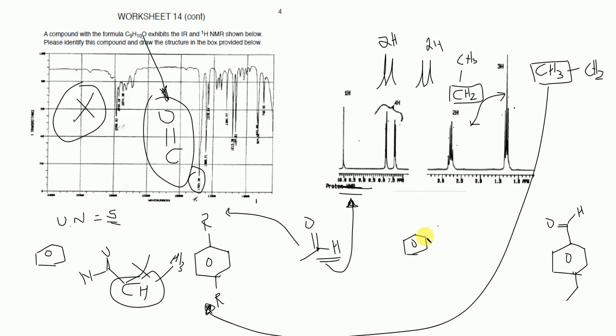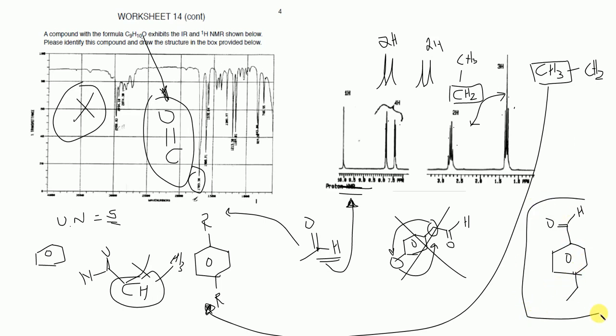So let's say I have this, and then just a lone CH3 on this side. This is wrong because we said that the CH2 and the CH3 are splitting each other. They have to be next to each other. They're not next to each other in this one, so this is wrong. Okay, this is the only structure that represents everything correctly.